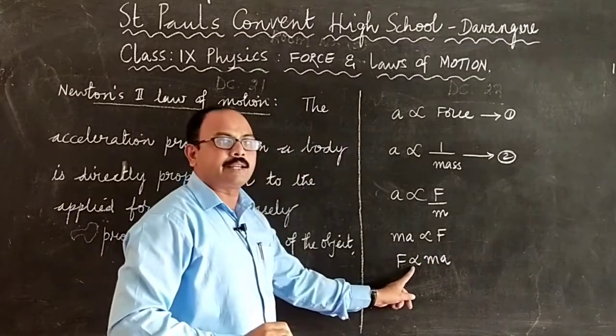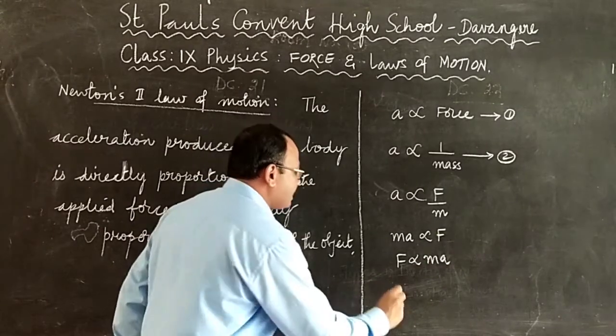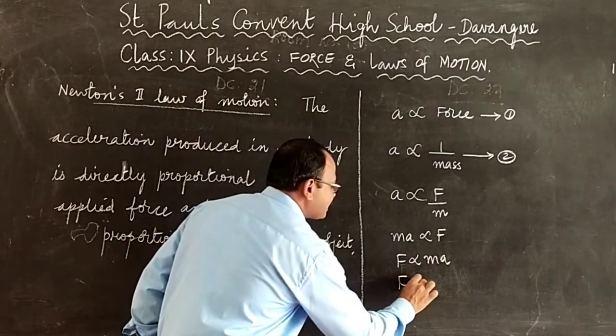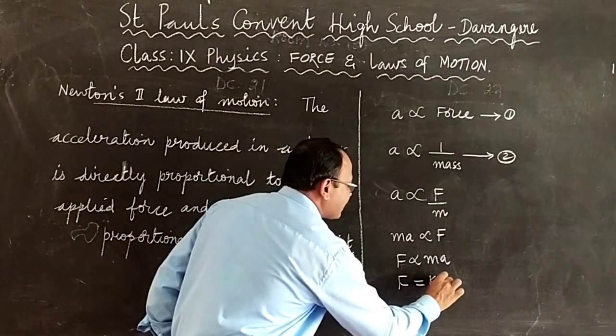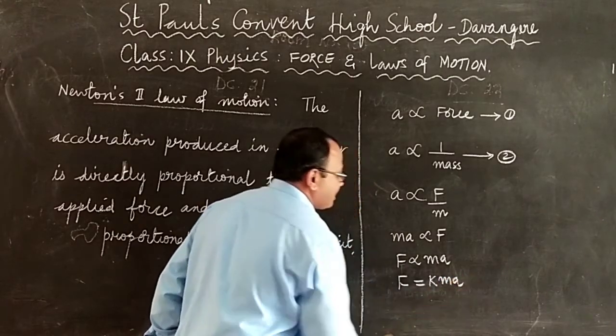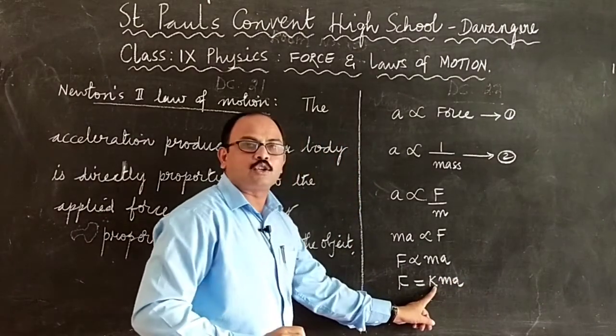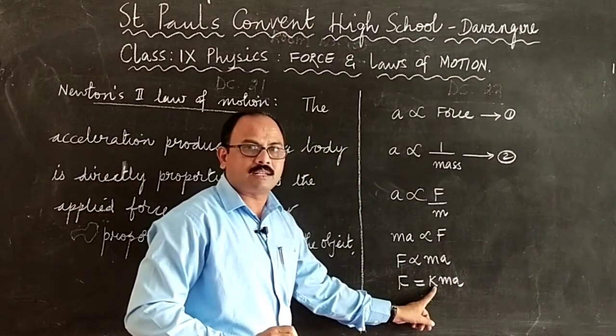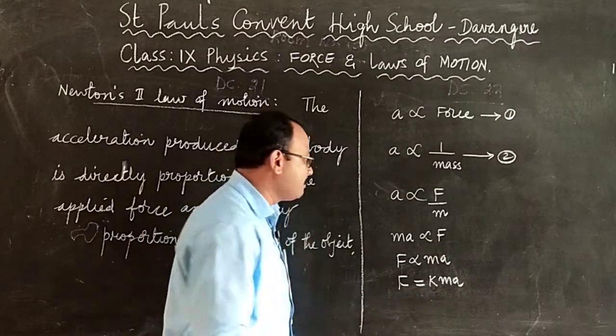Let me take out this proportionality sign and place a constant K into MA, where this K is considered as a constant value of 1.